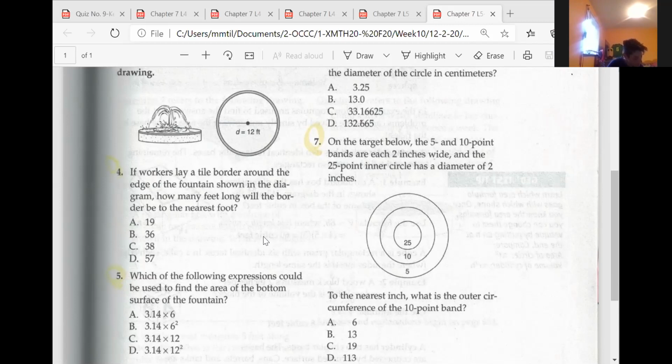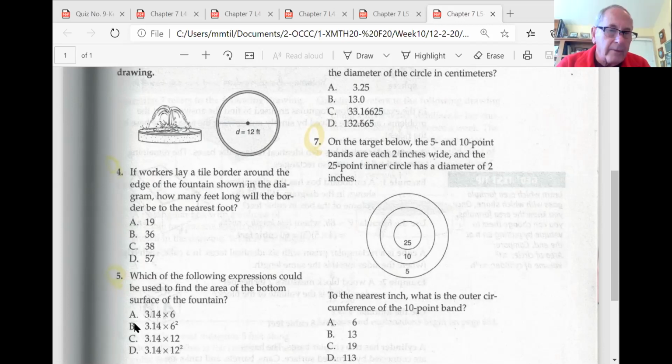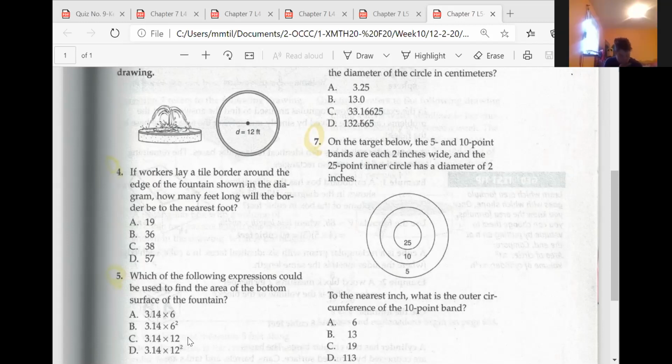What did we say the area was equal to? Pi r squared, or d squared over 4. Yeah, so that's it. So look down here, which one would be correct? Is it going to be A?